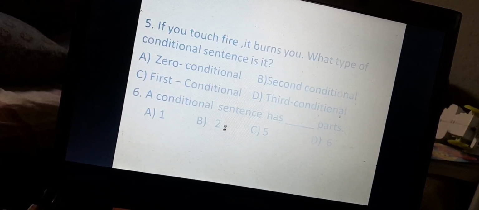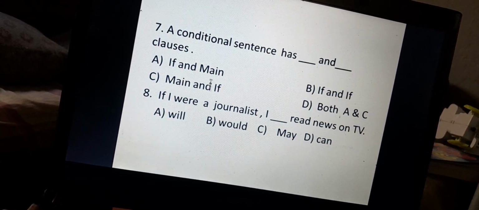And number 7, a conditional sentence has blank and blank clauses. A, if and main. B, if and if. C, main and if.